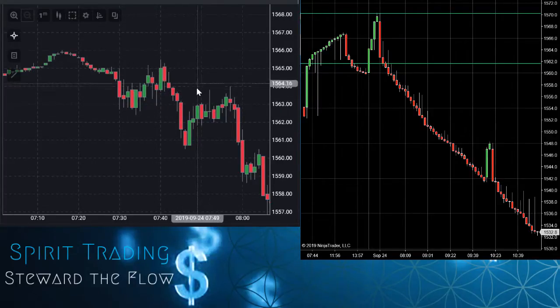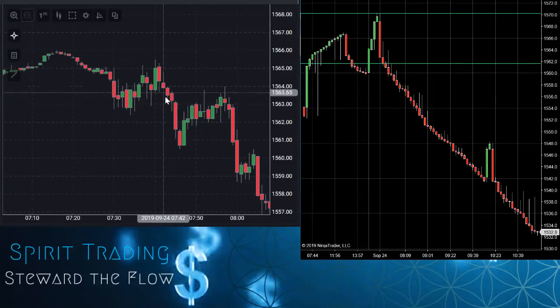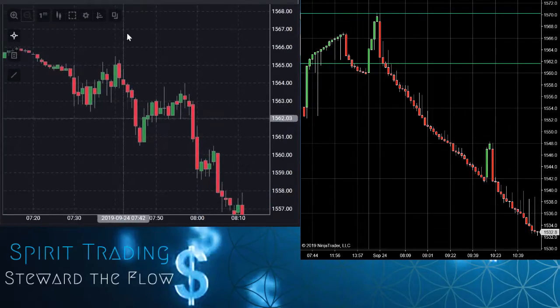I don't want this to chop around and get chopped up, so I want to keep my stop back here, a little deeper. And when I get in again, this thing moves forward.